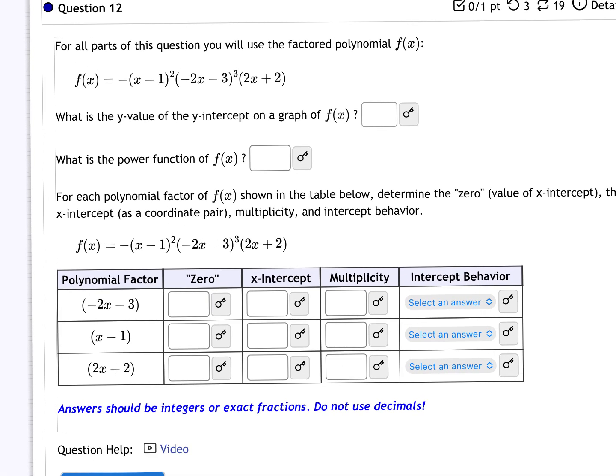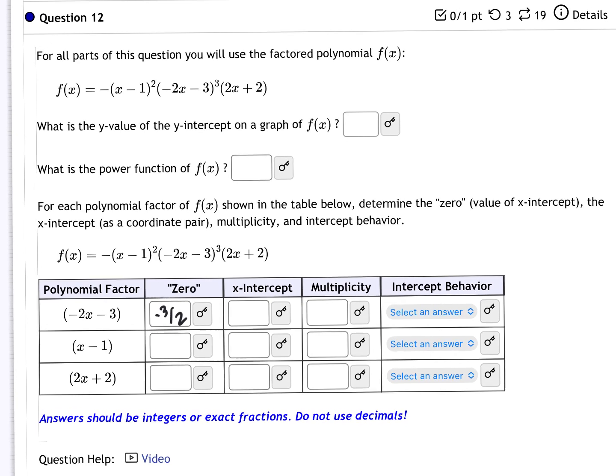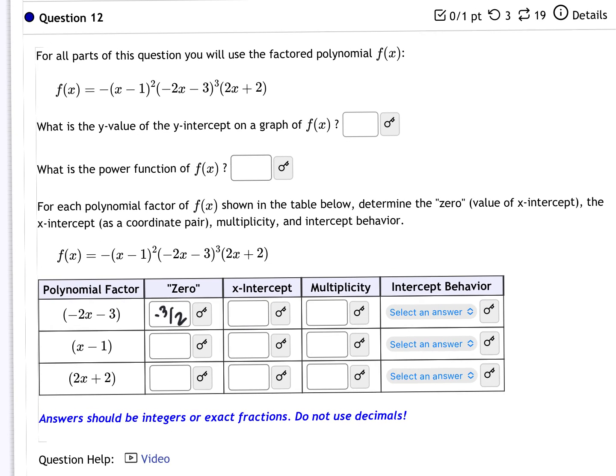All right. This has a 0. When is this 0? Add the 3, divide by negative 2, negative 3/2. The x-intercept then is negative 3/2, comma 0. Multiplicity, 3. Okay. Crosses through.